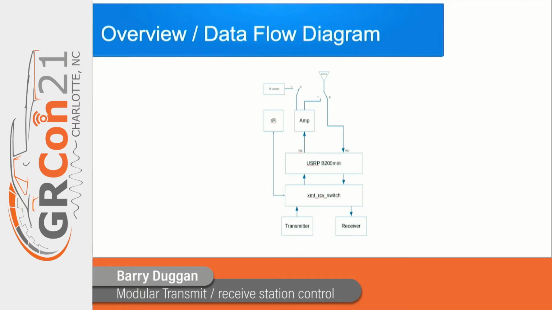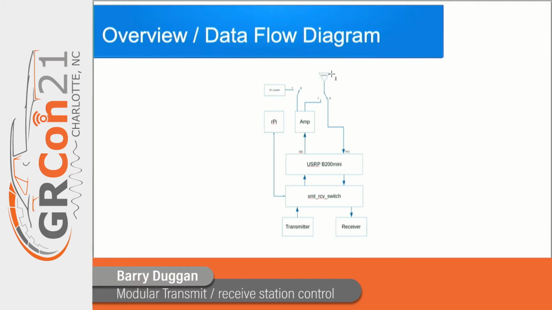Here is an overview of the data flow. Starting with the antenna here, the receive side comes through the antenna switch, through a USRP B200 mini, into the transmit receive switch module and then goes to a receiver module.